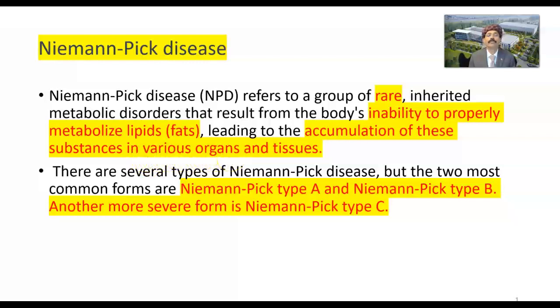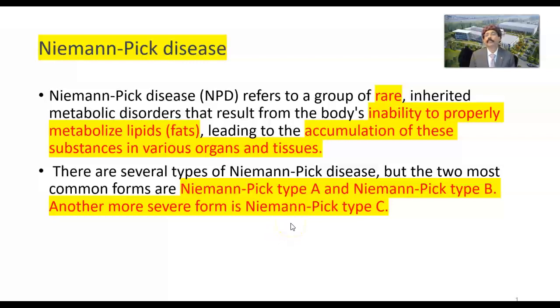Various organs means it may be spleen, liver, brain, bone marrow, even the lungs. There are several types of Niemann-Pick disease, but the two most common forms are Niemann-Pick disease type A and Niemann-Pick disease type B. Another more severe form is Niemann-Pick type C.